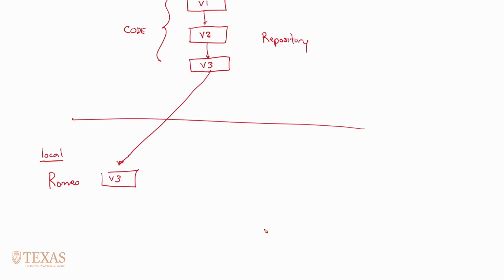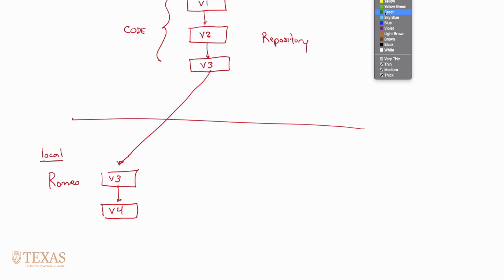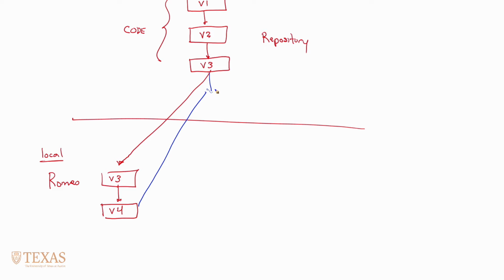So he would have a copy V3, which he could make changes to derive a new version V4. And then if he wanted to have those changes stored, he could push that back to the central repository, where any changes he made would be stored as well.